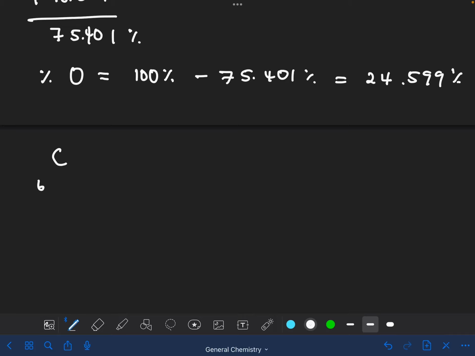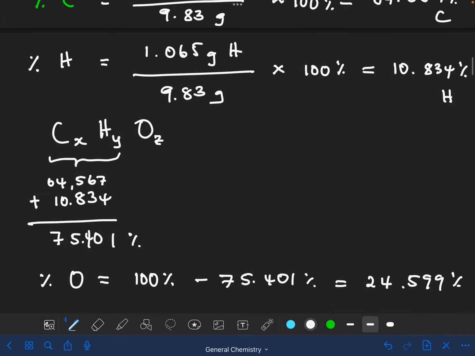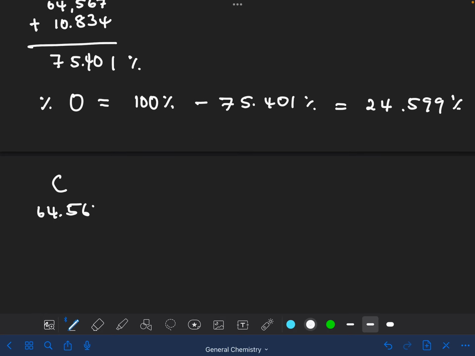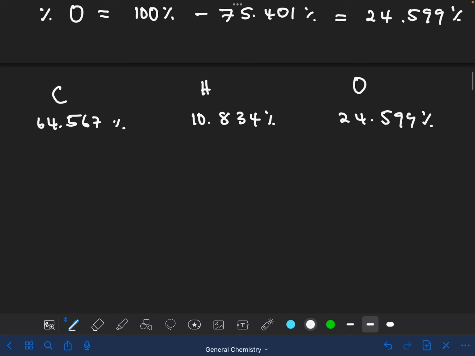So there is our sample. Carbon is 64.567%, hydrogen is 10.834%, and oxygen is 24.599%. Then at this point, we assume 100 grams.